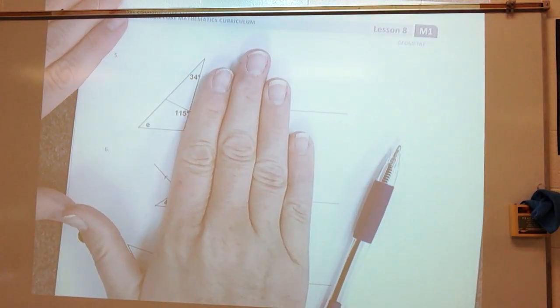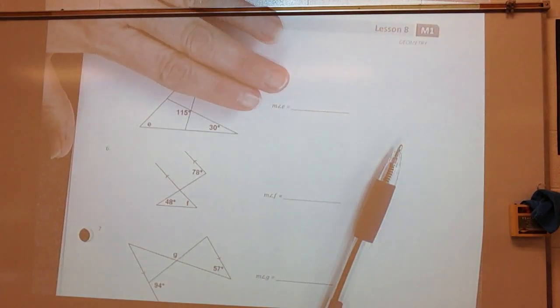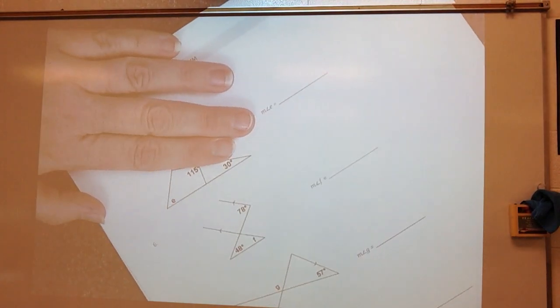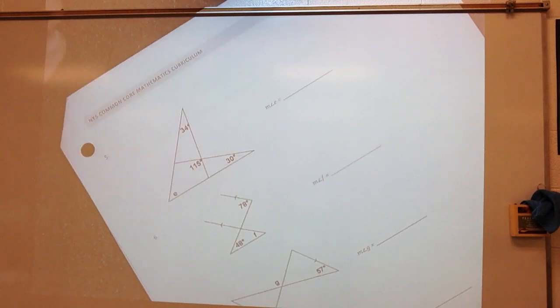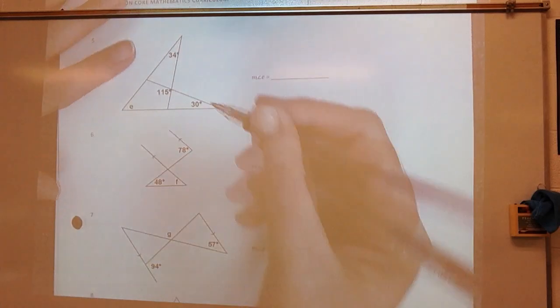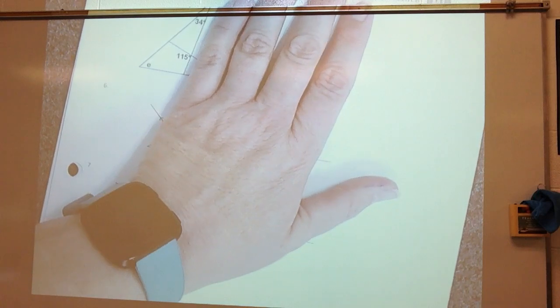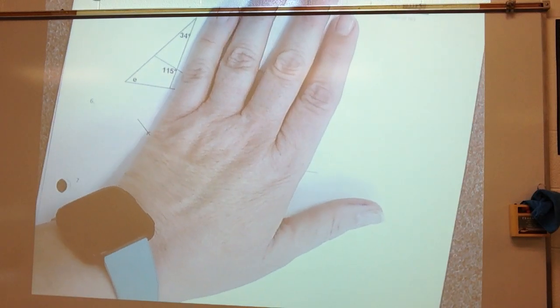Let's look at this as a triangle. I can look at it as a triangle here, or I can look at it as a triangle here. All right? With that being said, it doesn't matter which way you go. Let's just kind of concentrate with this triangle.